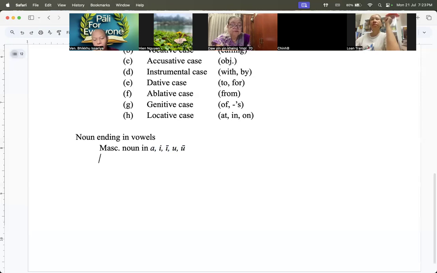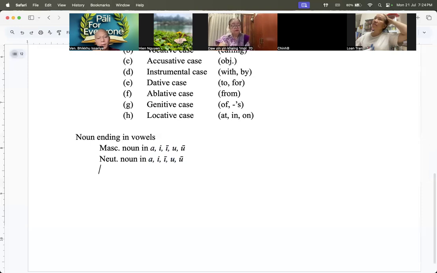And then the neuter noun also ends in the same actually: a, i, ī, u, and ū. The same, but later a little bit slightly different.